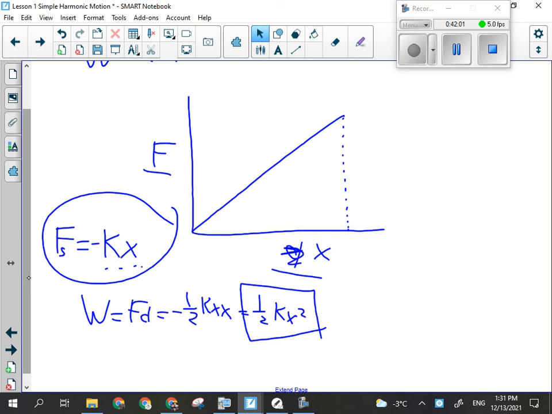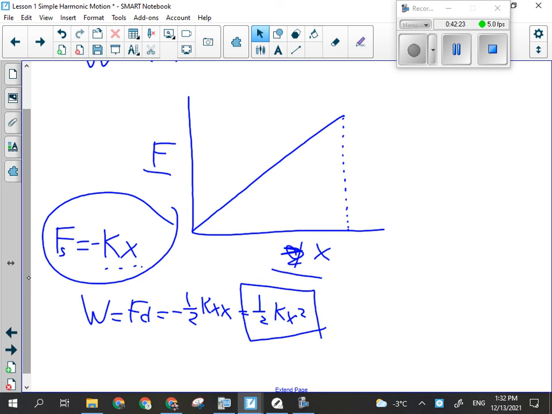So if I pull this rubber band towards me, which way does the restoring force pull? Opposite. I displace it towards me, so the force has to be in the other direction.